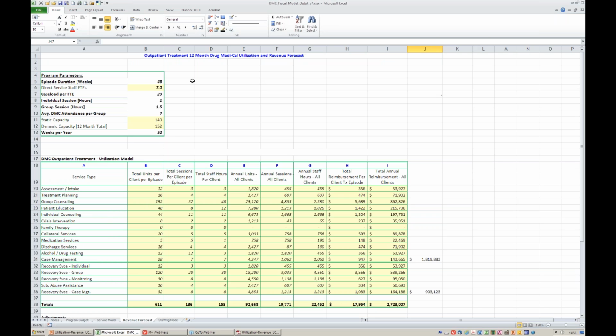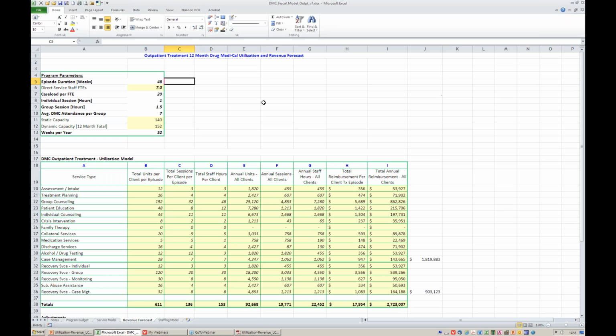And so what we've got here is the bold cells, which you can modify, and they will produce changes elsewhere, on this page or the next page. So you've got the episode duration, which is 48 weeks, which includes both treatment and recovery support.